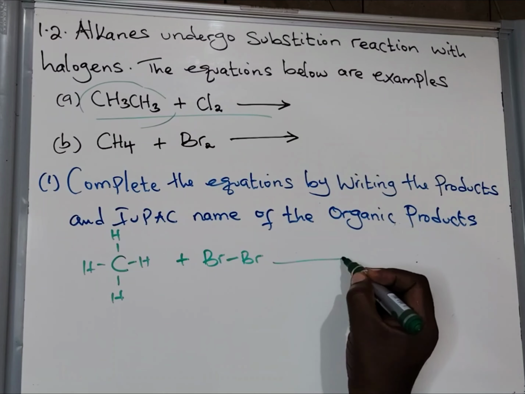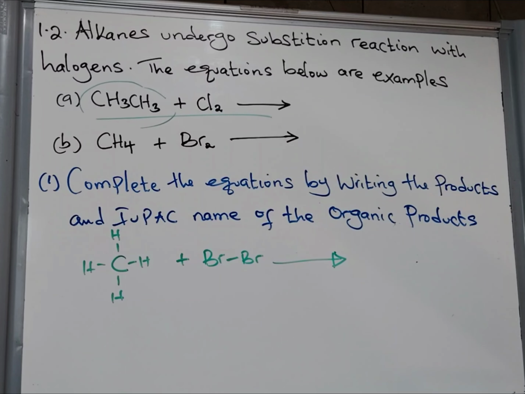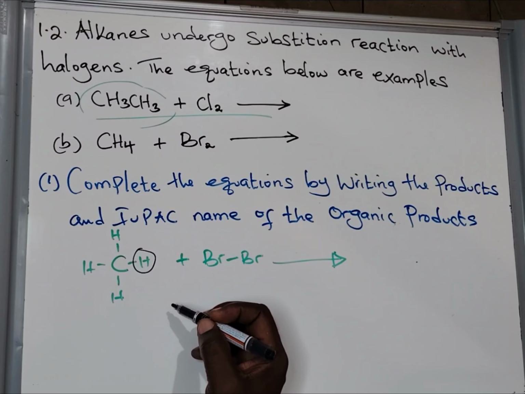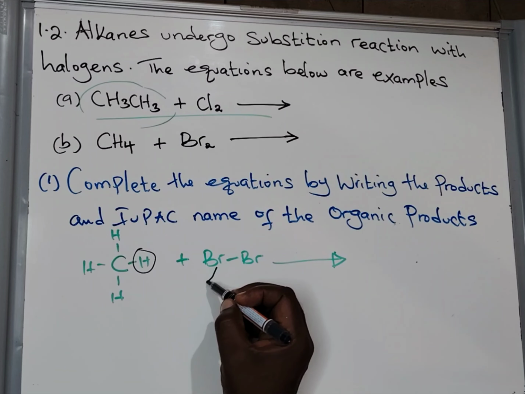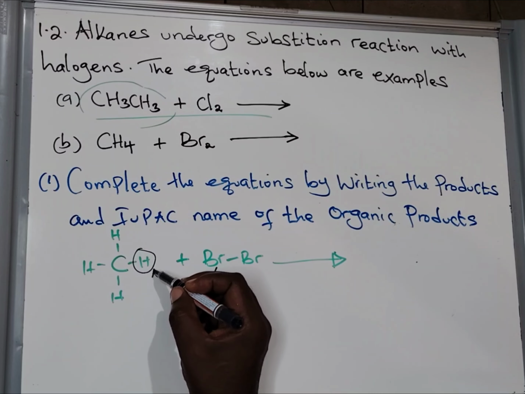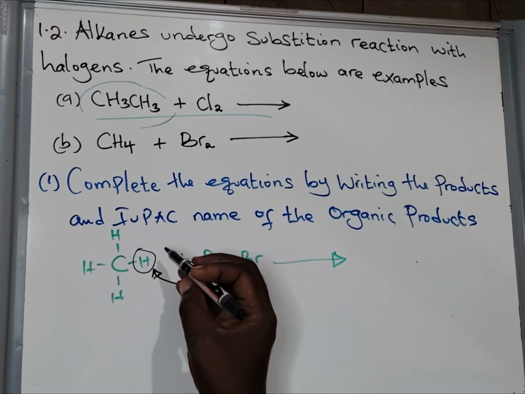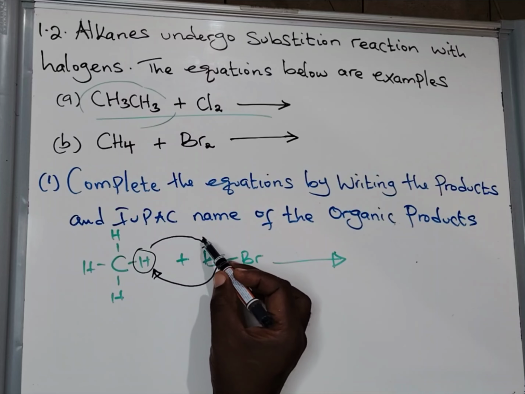Okay, then we come to the products. What happens here is that this H, its place is taken up by that bromine atom, and this one takes up its place. So there's an exchange of atoms there.